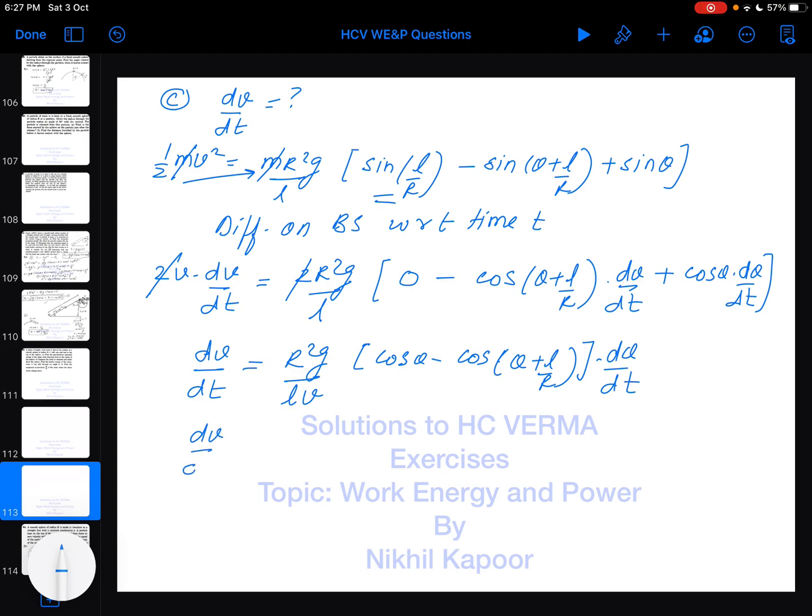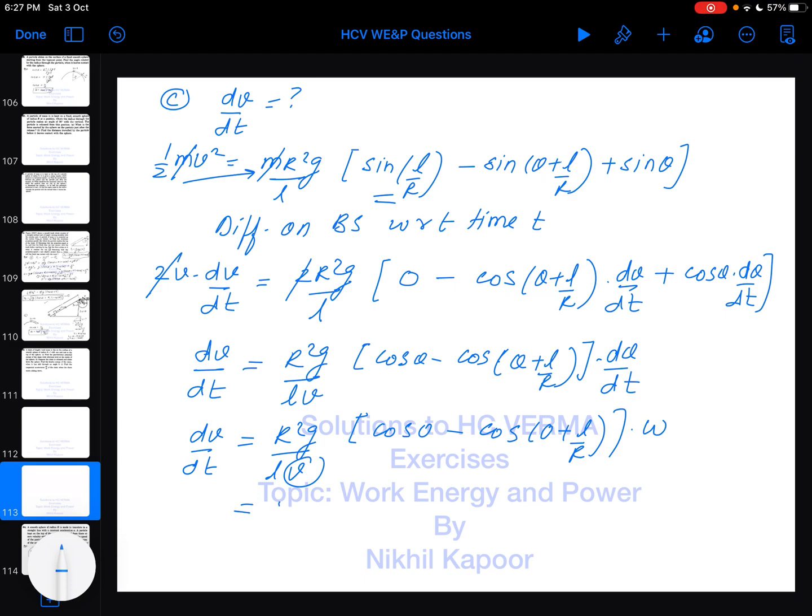So dv by dt is equal to r square g upon lv in bracket cos 0 minus cos in bracket 0 plus L by R at this instant. d theta by dt is omega. As we know very well, v is nothing but r omega.